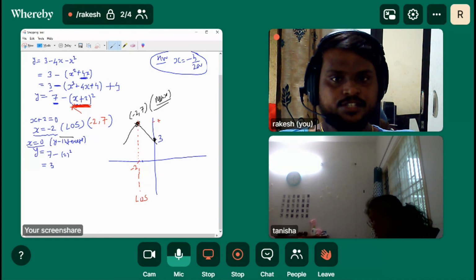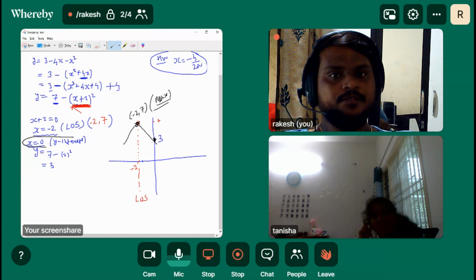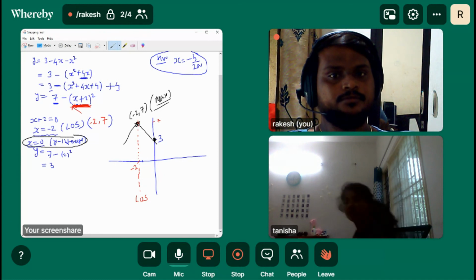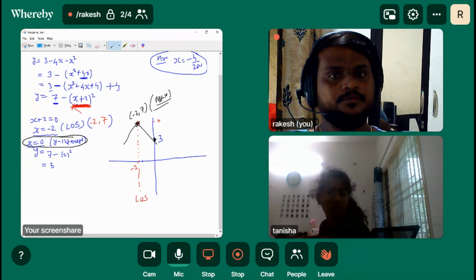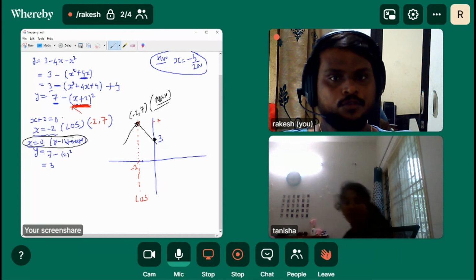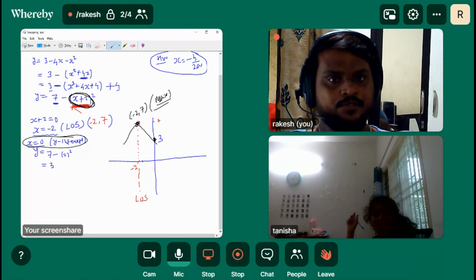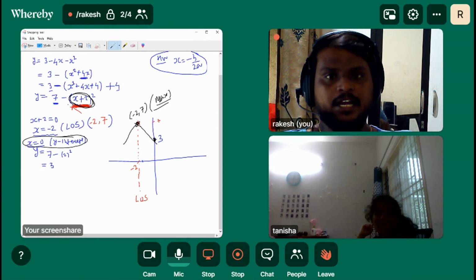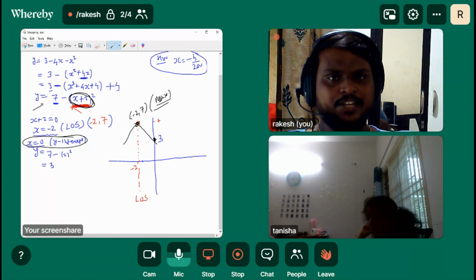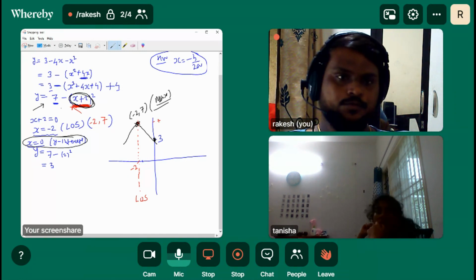For the y-intercept, what do we plug? x is equal to 0. For the line of symmetry, what do we do? The bracket is equal to 0. That will give you the y value also, so we can find out that coordinate.